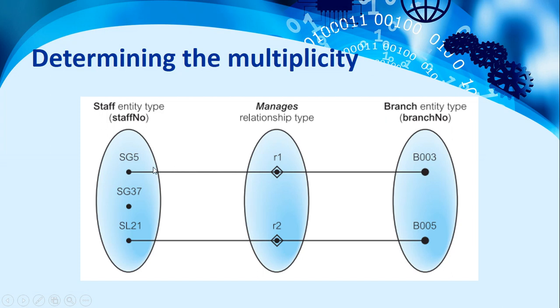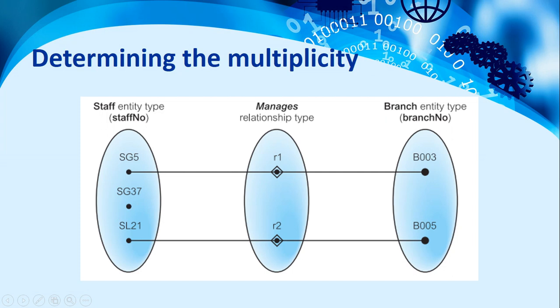As you noticed. And staff number SL21 manages branch number B005. Pero as you noticed, this one, staff SG37, does not manage any branch. Diba? Wala, kasi walang line.